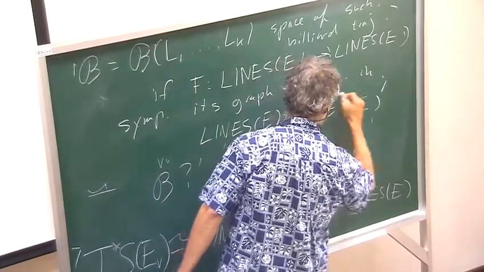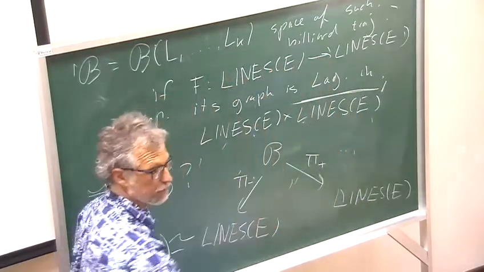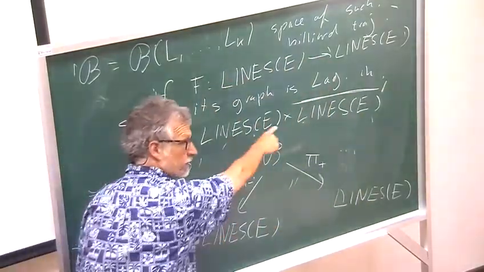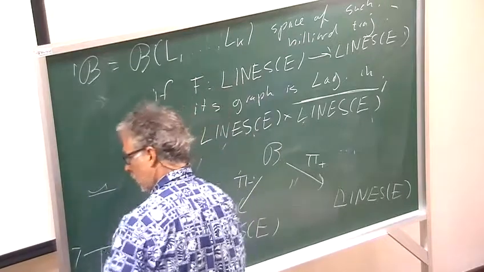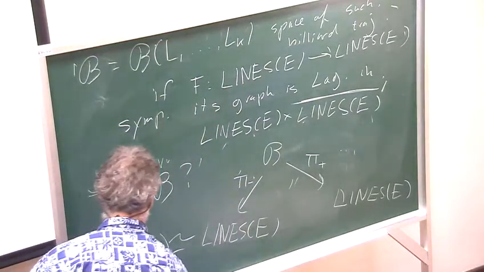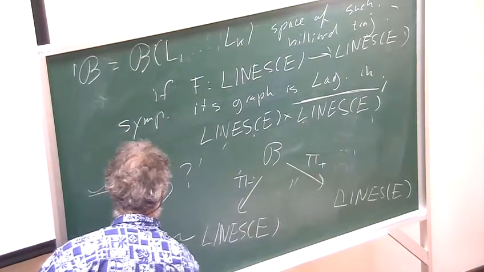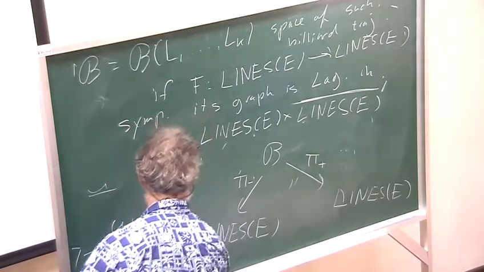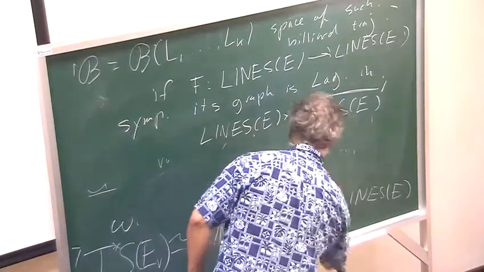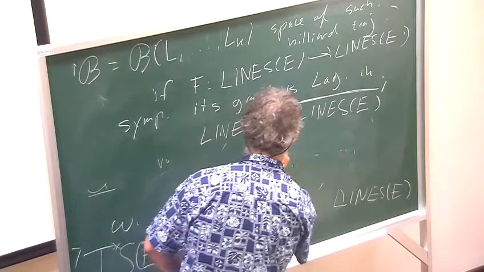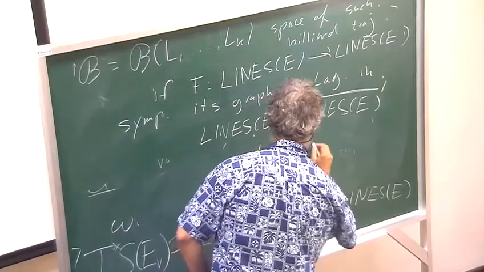Weinstein invented this conjugation. He puts a bar there: you put the opposite symplectic form there, omega plus minus omega.